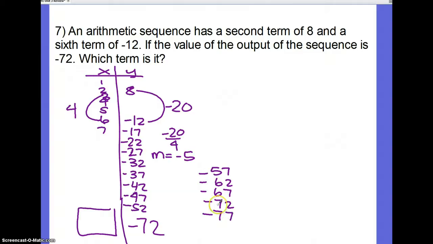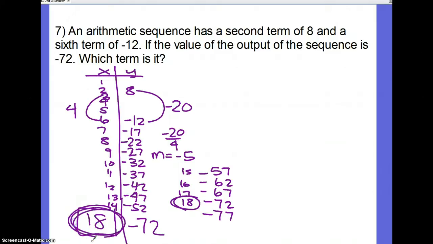What do we want? Oh, 72. So that would be 8, 9, 10, 11, 12, 13, 14, 15, 16, 17, 18. So we got that number on the 18th term.